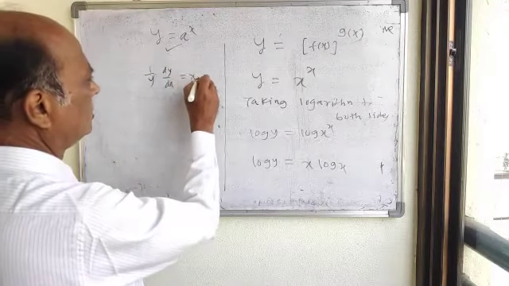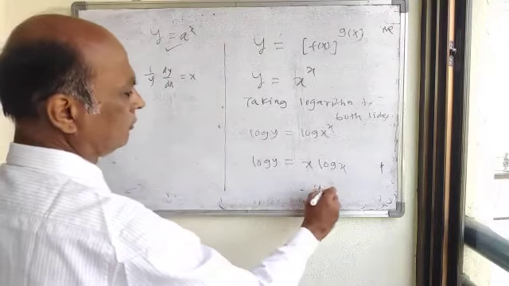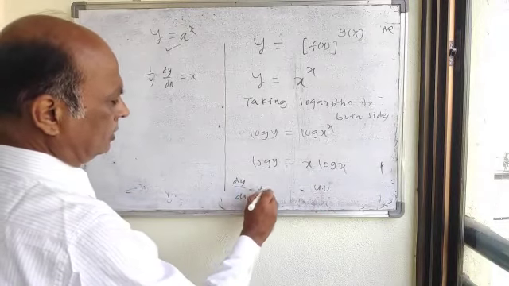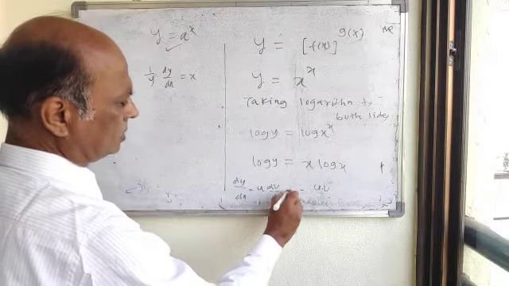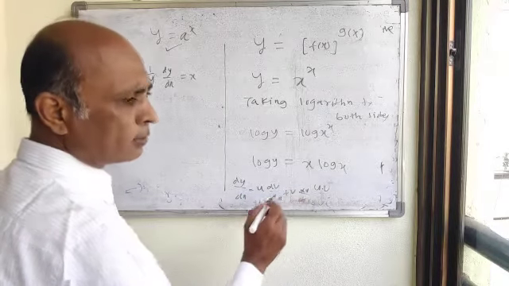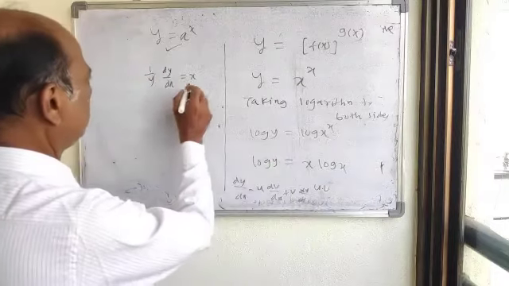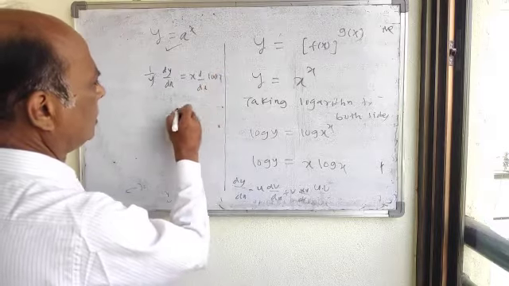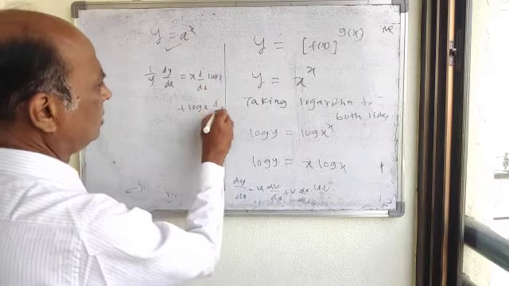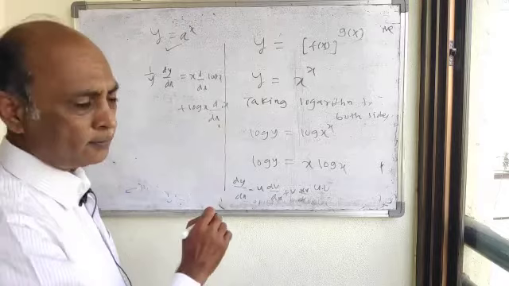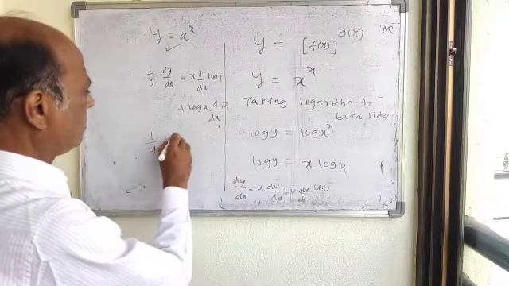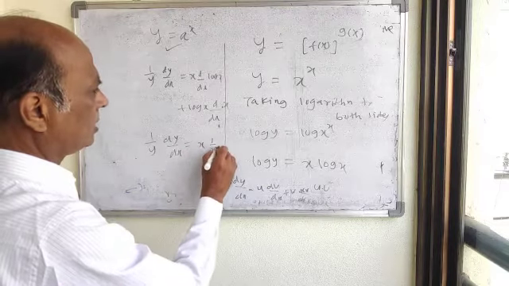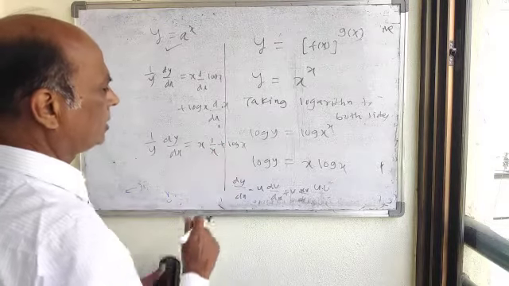That is equal to x into, here you have to use the u into v formula, that is u into dv by dx plus v into du by dx. So it is x into d dx of log x plus log x into d dx of x. So 1 upon y dy by dx is equal to x times 1 by x plus log x, and the derivative of x is 1.